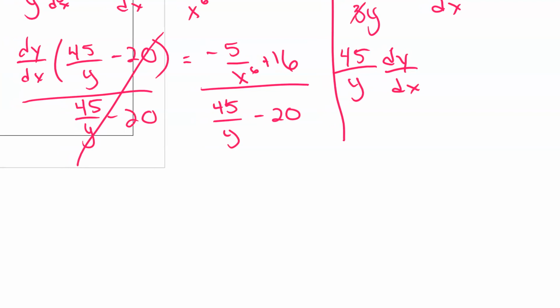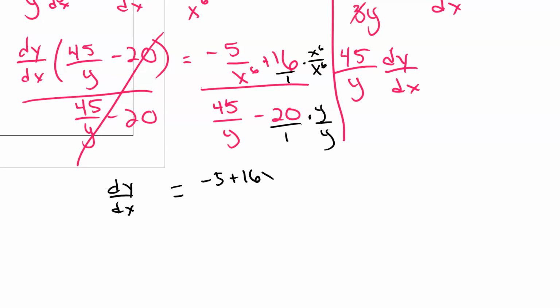So to get like denominator on the numerator, we want to be over x to the 6th. And to get like denominator on the denominator, we want to be over y. So we have dy dx is equal to negative 5 plus 16x to the 6th over x to the 6th. Oh, not squared. Yikes. x to the 6th over x to the 6th. And then we've got 45 minus 20y over y.